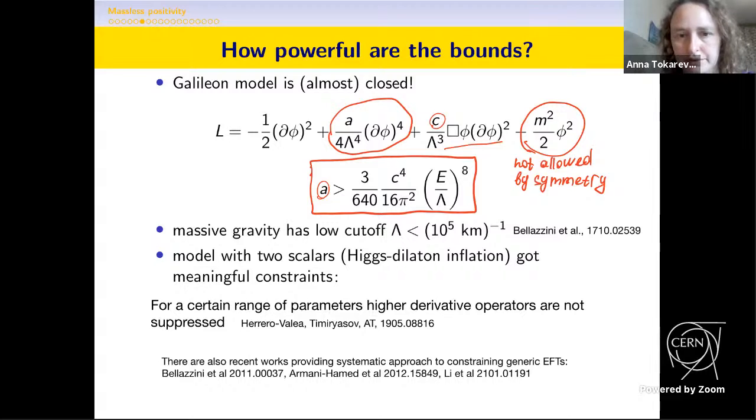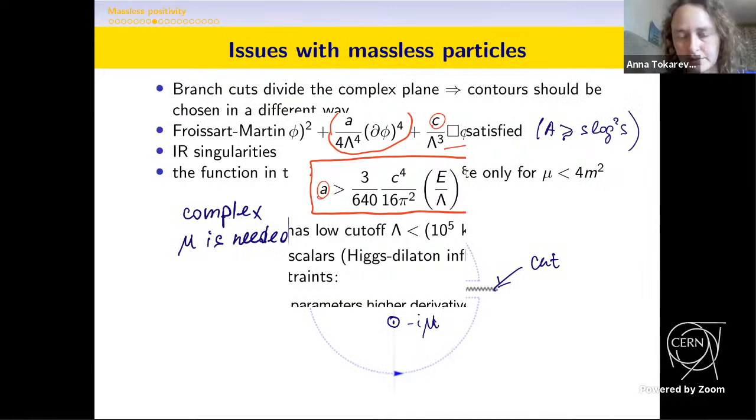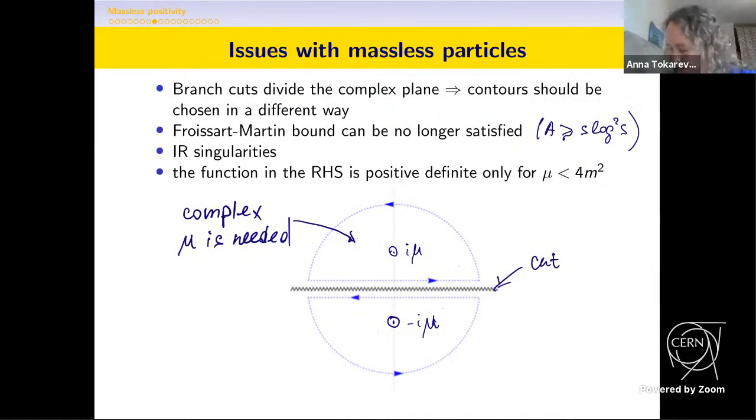Not all low energy effective theories can be UV completed by something good. But our work extends this approach to the case of massless particles. What I was telling was about massive particles mostly.